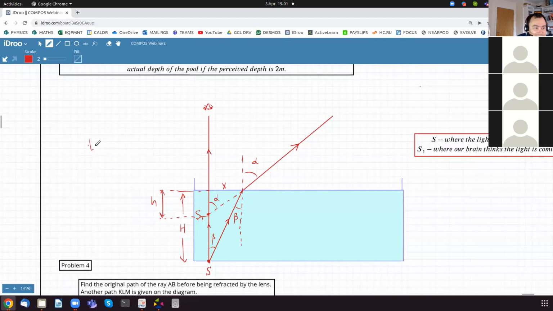Tan alpha is equal to x over h small, and tan beta is x over h capital. Because we're looking directly down, alpha and beta are small angles.